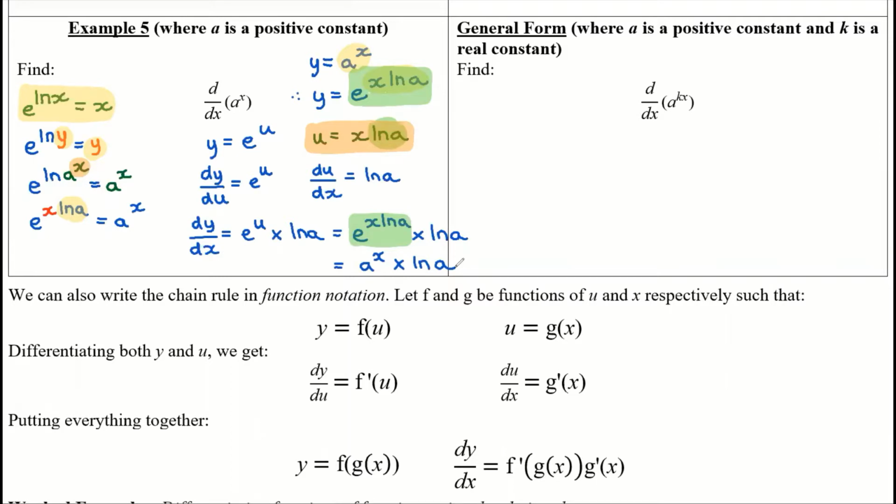Now, before I get on to the general form of this, there's just something I'd like you to ponder. Let's consider the exponential function e, okay? So suppose we differentiate e to the x. Now, we know what the result is because we've done it. We know it's just e to the x, don't we?